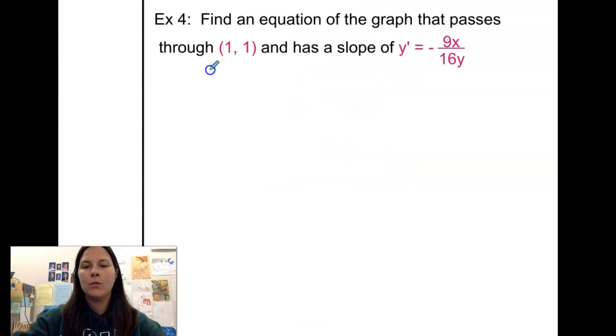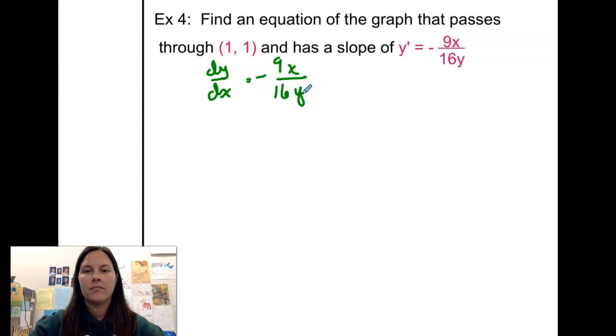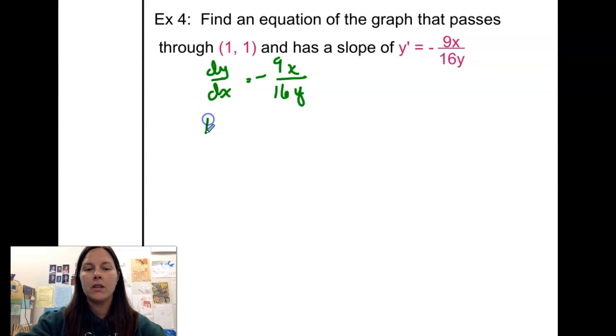All right, last one, again, starting off by rewriting that prime notation with a dy dx. Separating those variables, multiplying 16y to both sides.